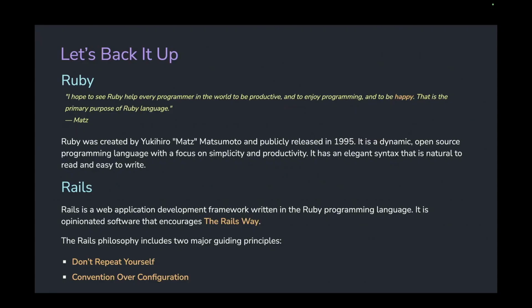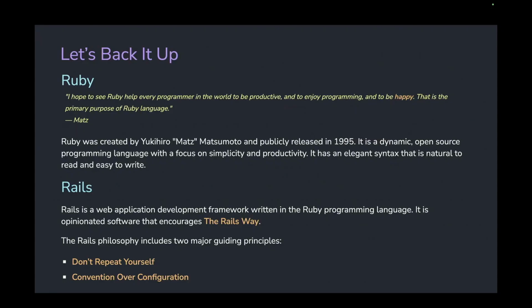Rails is a framework written on Ruby and it's very opinionated. It goes by the Rails way, and the Rails philosophy includes two major guiding principles. One is don't repeat yourself. The second is convention over configuration.